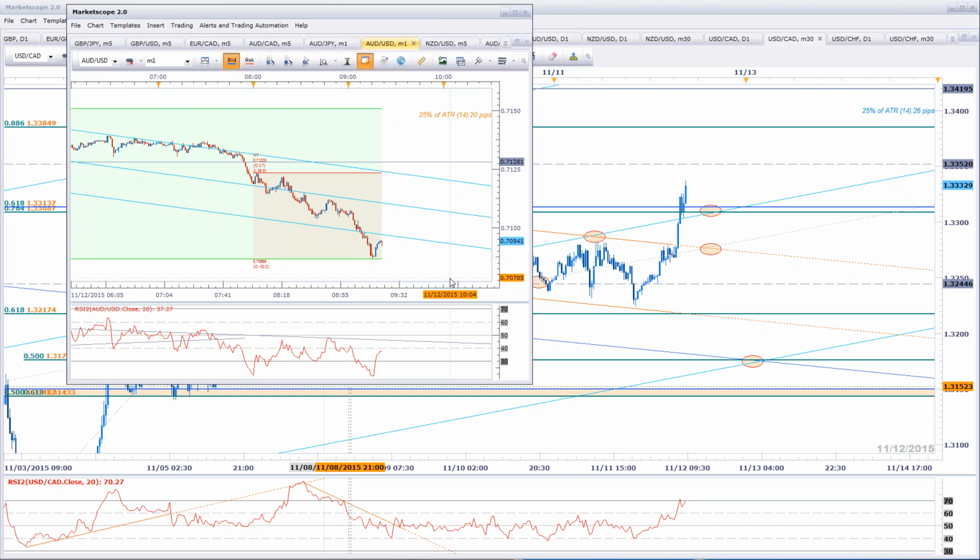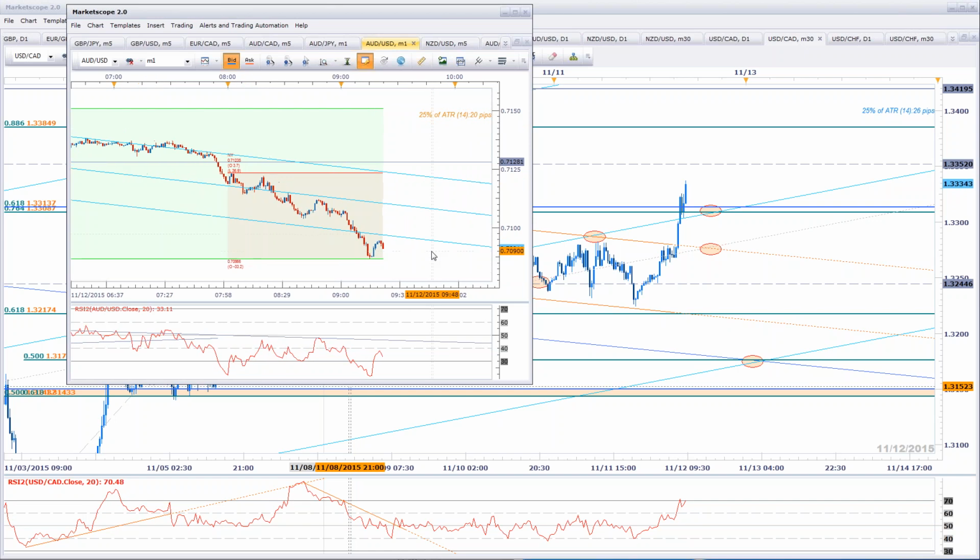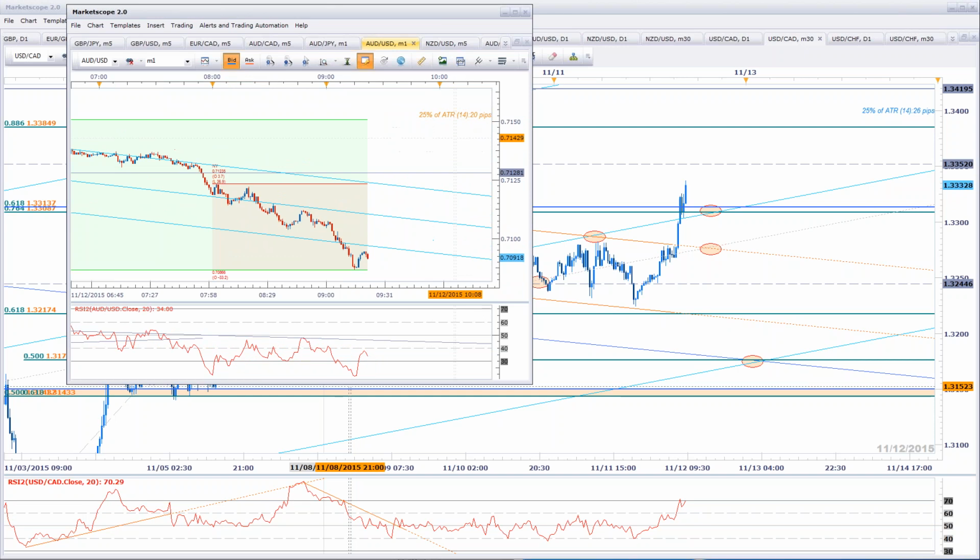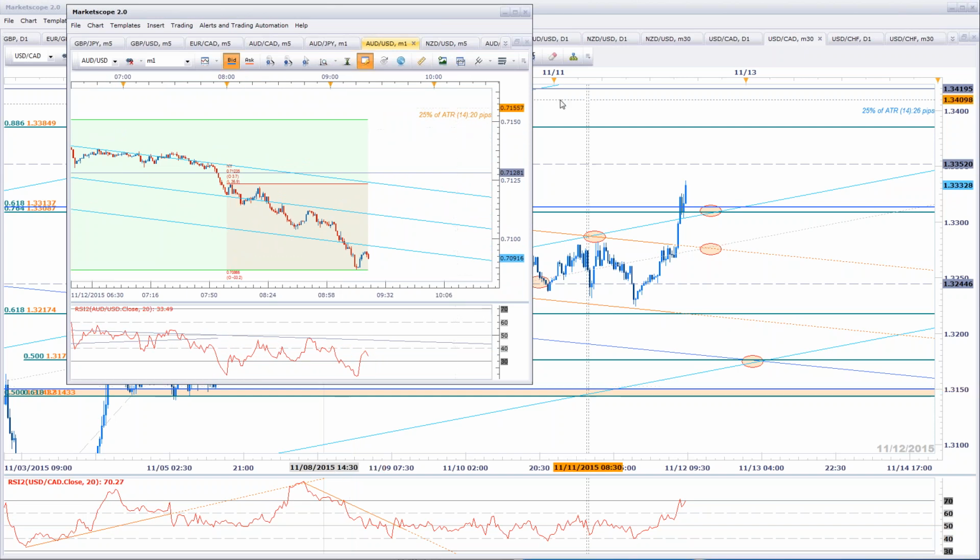But at the end of the day, risk management is all that matters. I don't care what trigger you're looking at or what level you're at, if you can't put your stop that X amount away from entry, then you can't take the trade. That's what dictates whether we actually take the trade. If a quarter of the ATR is showing 20, can I put a stop 20 pips away with some sort of conviction? If I can't, it doesn't matter.